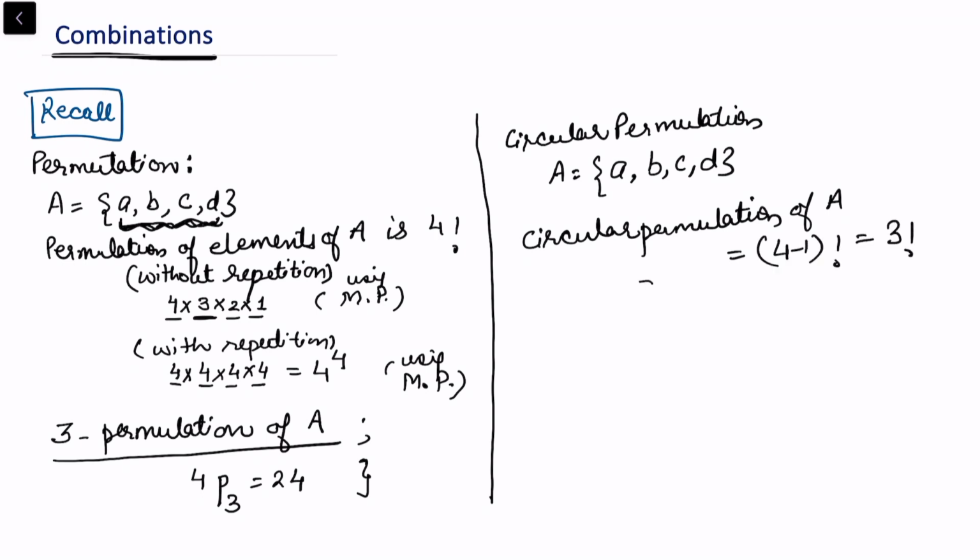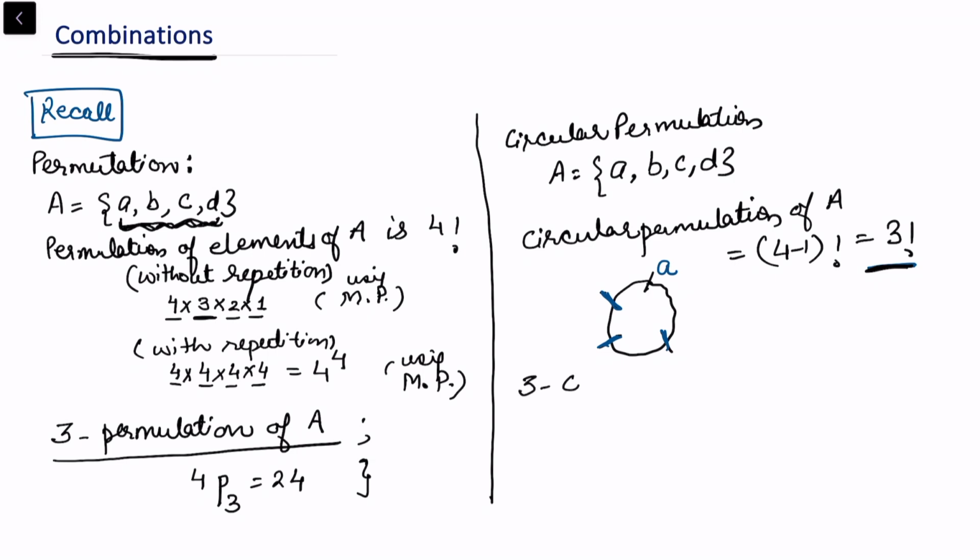It does not matter which is the first or last object, since they sit in a circle. What is important in circular permutation is the relative position. If you fix an element A, then for the others there are 3 relative positions in which you can place them. So 3 factorial ways are available. And again, all the relevant details you can see in the last video.